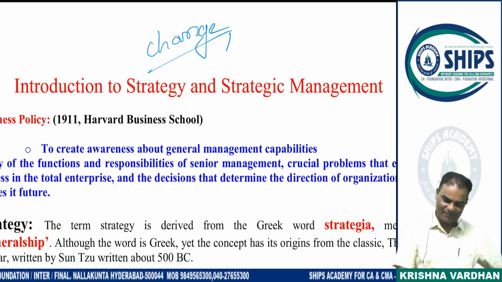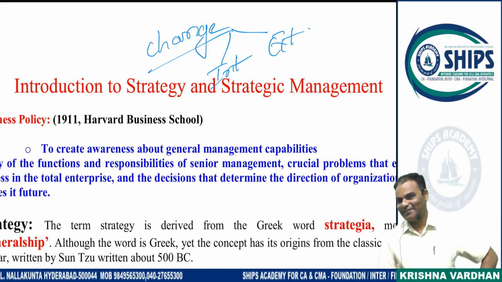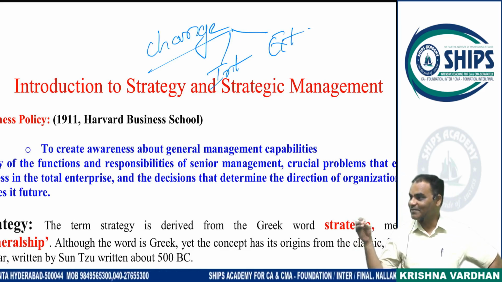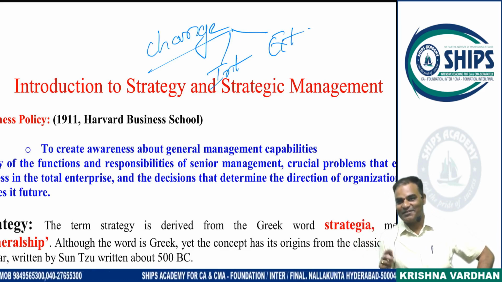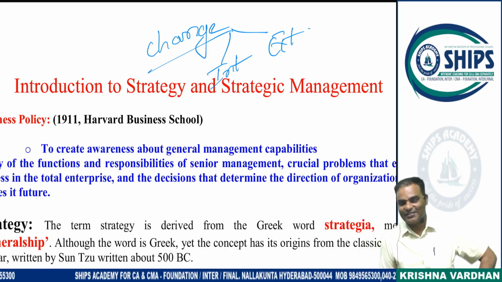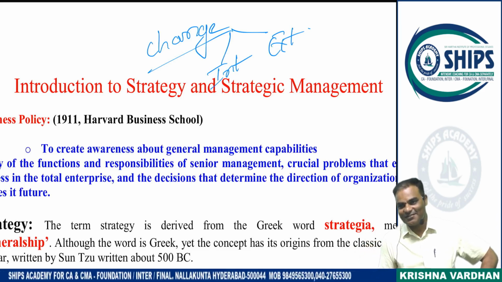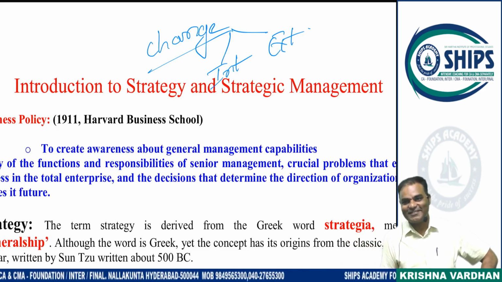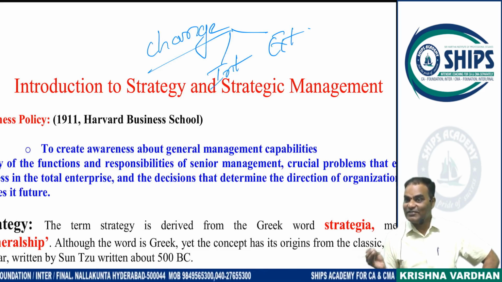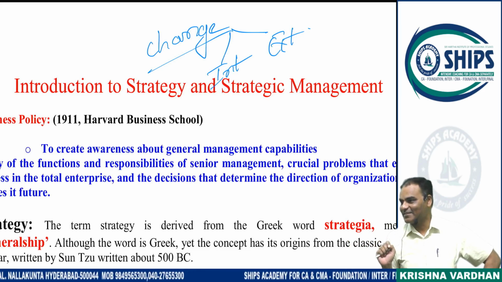Change can be of 2 types: internal change, external change. Can you tell me what is internal change? Changes which happen within the company. Like yesterday I was telling you, environment is of 2 types: internal, external. Change also you can classify into 2 types. Internal changes happen within the company. Can you give an example for this? Machinery changes, policy changes, person changes. All these are changes which will impact, good or bad, only your business.